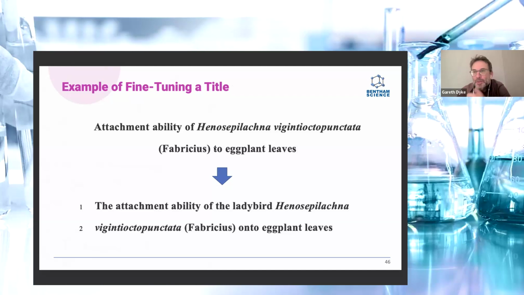We did that too because, of course, you want your papers to be read by as many people as possible. So here's an example of if you didn't add that ladybird, people will be very confused about what this is actually about, because a very, very small segment of your potential readership will actually know and be familiar with this biological genus and species. So this is beautiful. I really, really love this title. It's a lovely example.